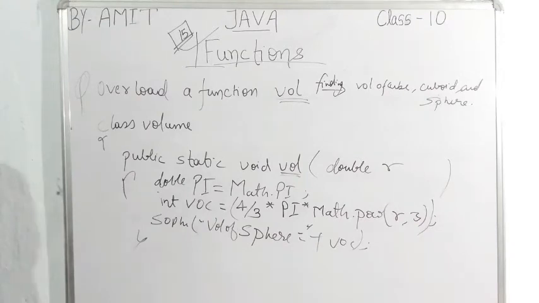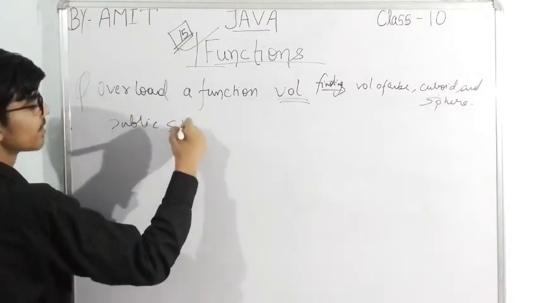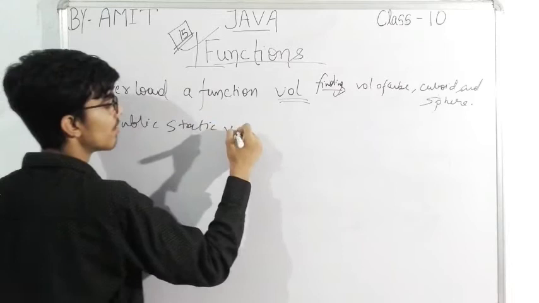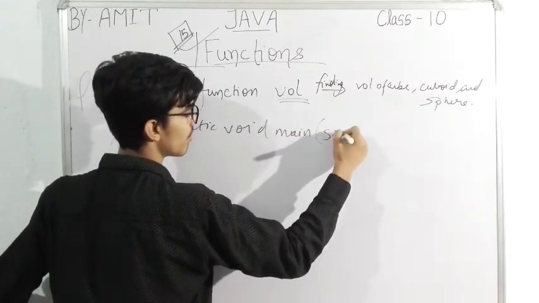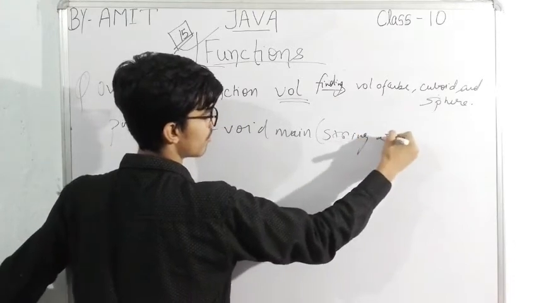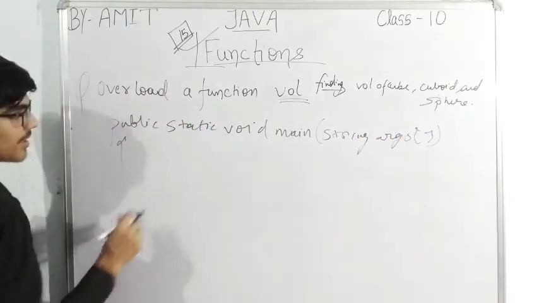After this, we will write the main function, public static void main.